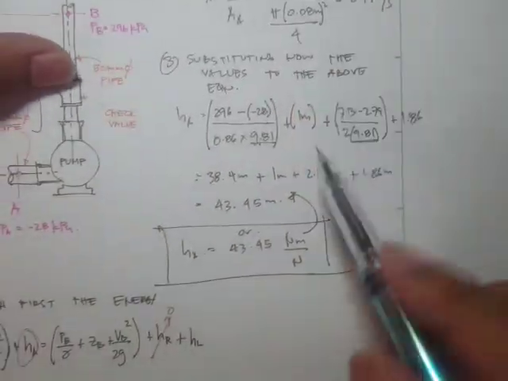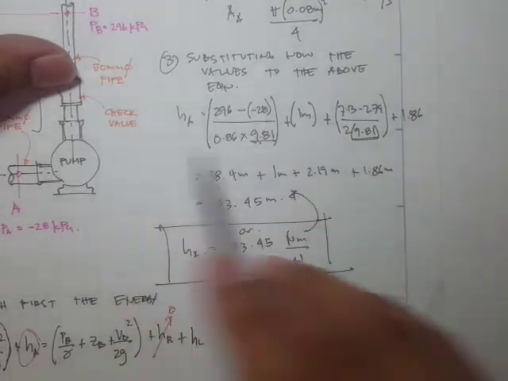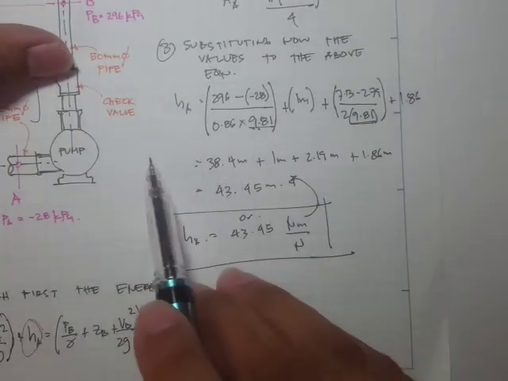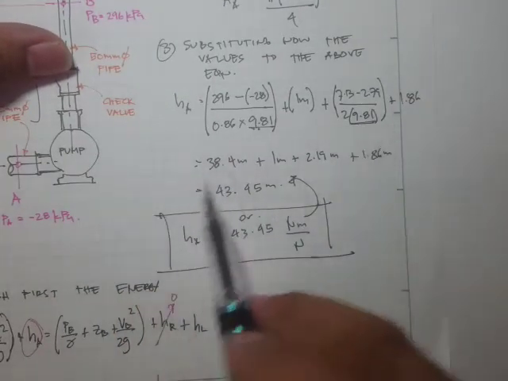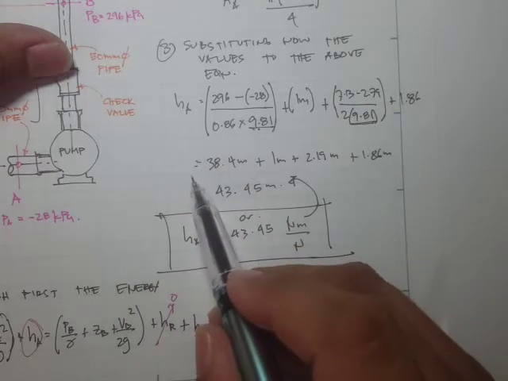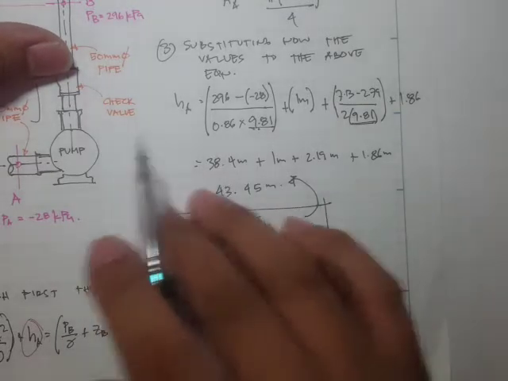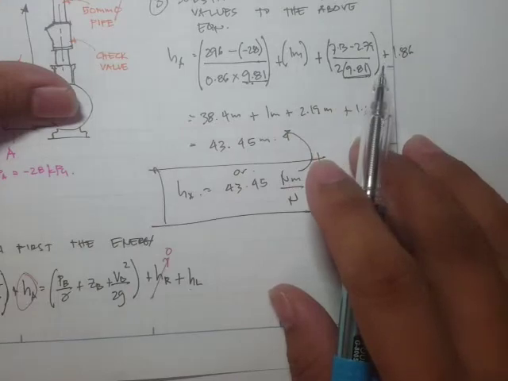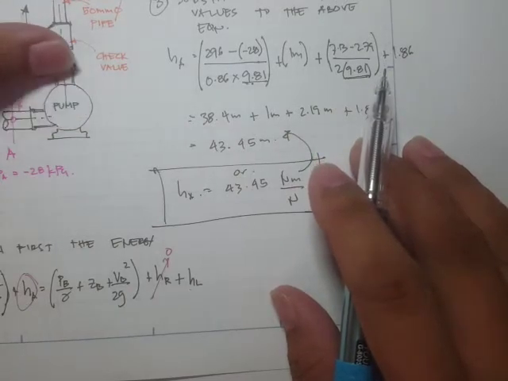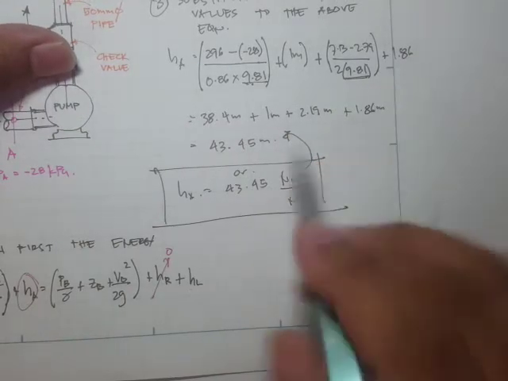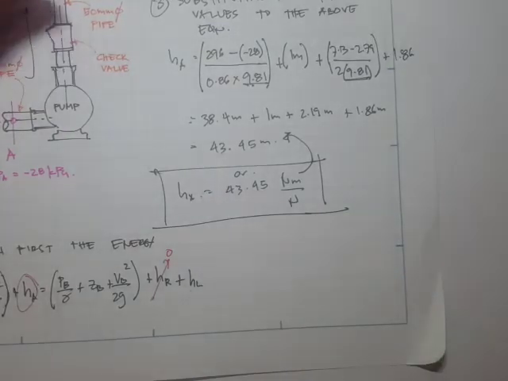Okay, so once we have the velocity, then we can substitute everything here in the equation, and just make sure about the units. The units should be consistent, and we just algebraically add them up, so we get 43.45.